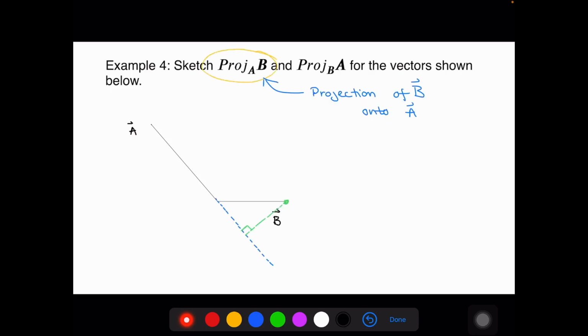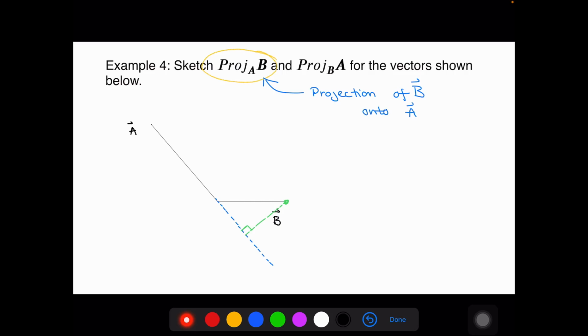So let's start with what I have abbreviated proj_A B. We read that as the projection of B onto A. So the subscript, the A, is what you're projecting onto. So, projection of B onto A.